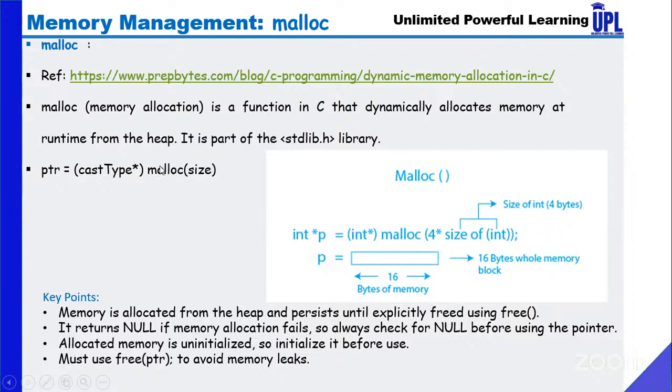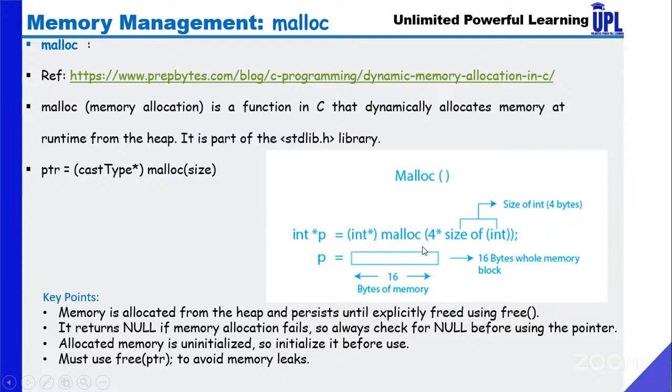If memory cannot be obtained for usage, it will give null actually. And you cannot use it without initializing the value; if memory is allocated, then definitely you can start using it. If you look at this, for integer type, int star p is equal to, the return type is integer because it is pointing to an integer value.